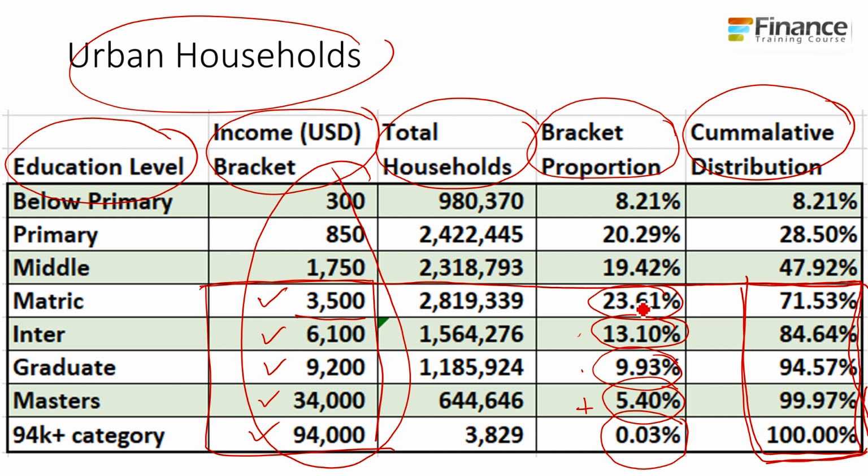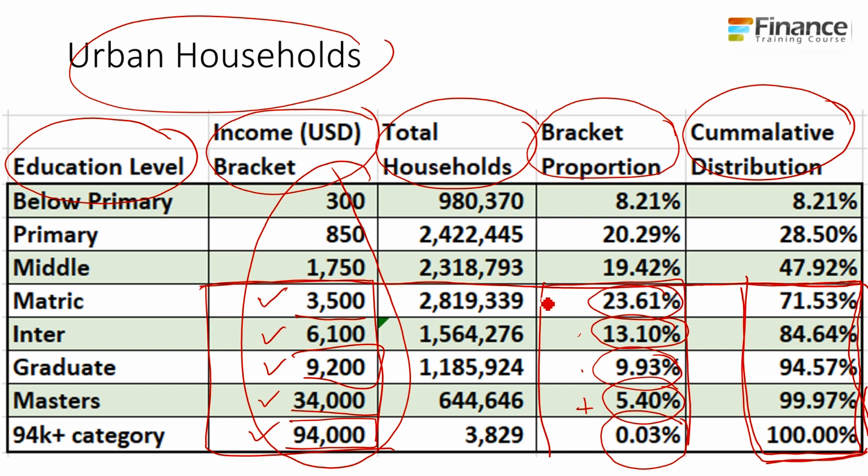It's about 23%. Then the second largest segment are those who earn more than $6,000 a year, but less than $9,000. And the third is those who earn more than $9,000, but less than $34,000. And then the final segment are those who earn more than $94,000 a year. So this gives you a sense of the slice.